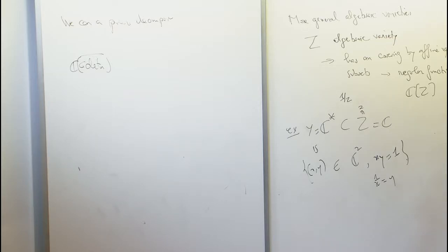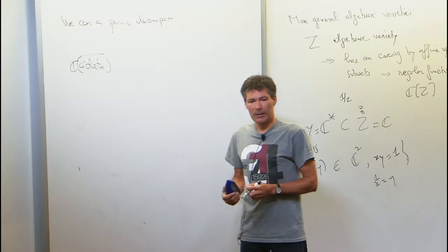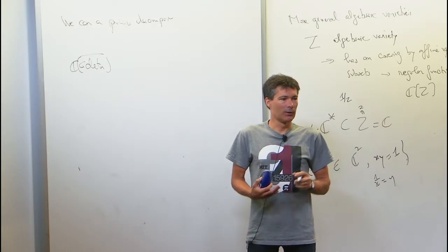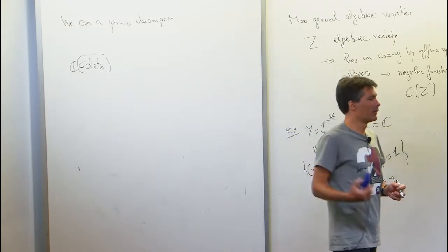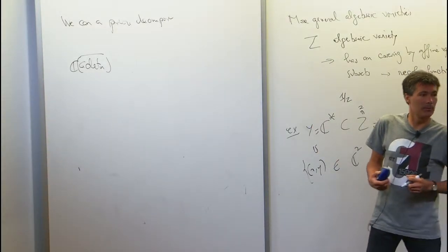Again, we take this representation and we split it into irreducible representations. Irreducible representations are encoded by combinatorial data, and so we can just look at each irreducible representation and see how many times it appears in this representation. This will be the multiplicity.